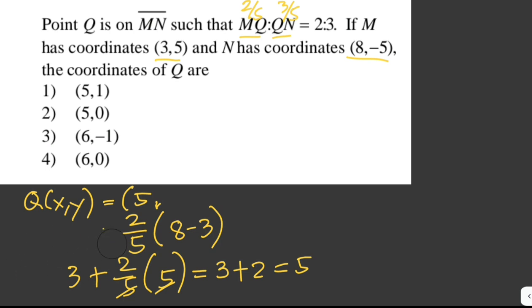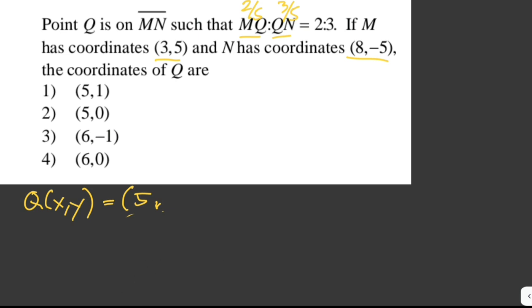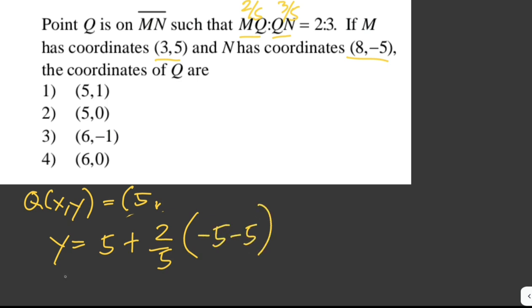Now let's solve for coordinate y. So y is just 5 plus 2/5 times the difference between the y coordinates of points M and N, -5 minus 5. So this is 5 plus 2/5 times -10.